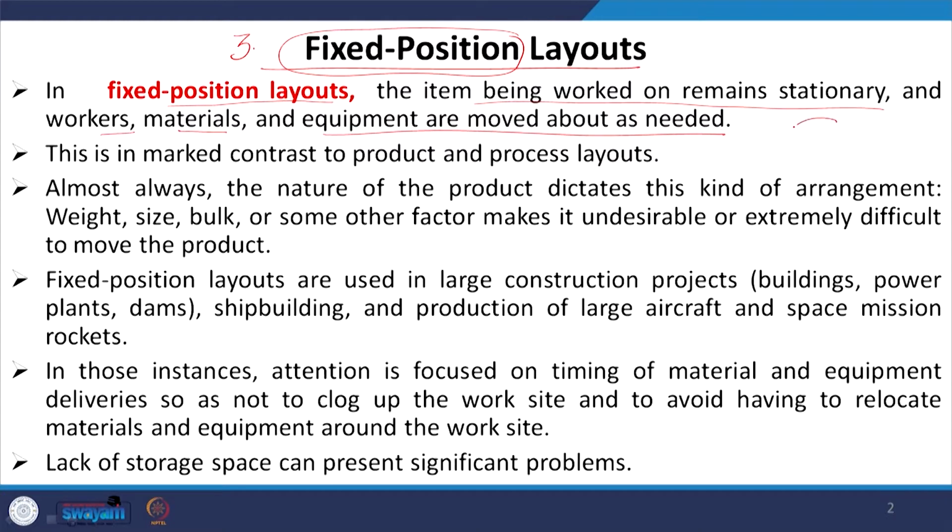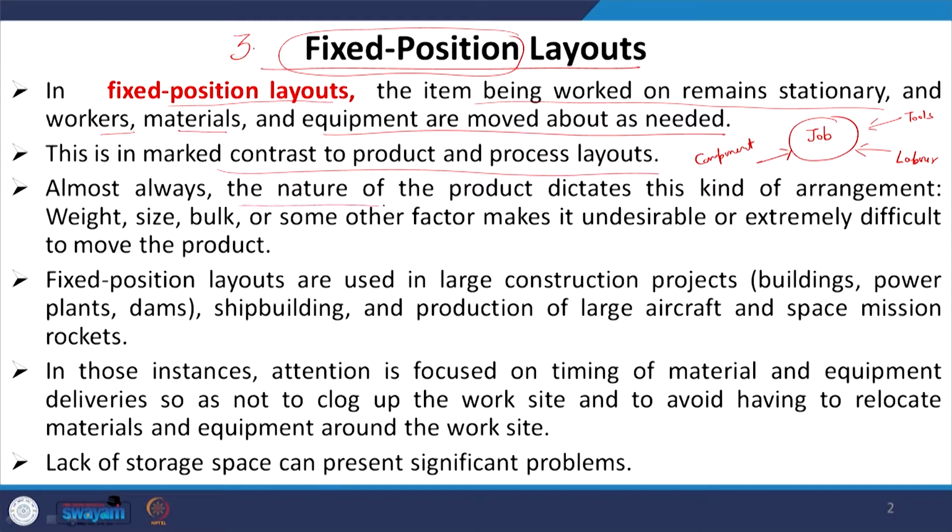So your job is fixed, and tools, then labor, then other components, all these things are coming to this particular job as and when they are required. This is completely in contrast to product and process layout, as we have already discussed.